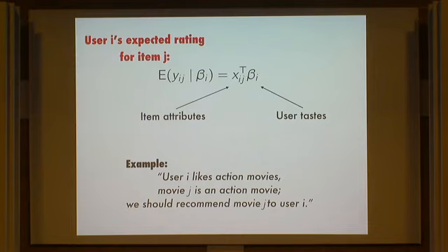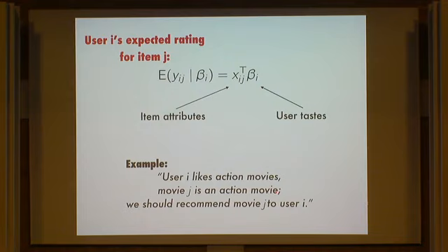And this part of the model allows me to do things like the following. I can say, okay, user I likes action movies. Movie J is an action movie. Therefore, we should recommend movie J to user I. So how does this work? The statement that user I likes action movies means that the entry of beta I corresponding to action is large and positive.